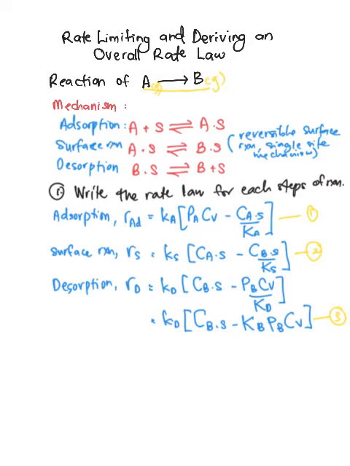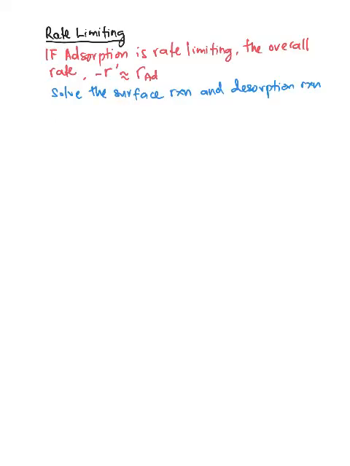Each rate limiting step will give a different overall rate law equation. I will show you one by one how we are going to write the overall rate law equation for different rate limiting steps, and why we need to write the rate law for each step. All these equations 1, 2, 3, we will use later after we determine which step limits the reaction. Okay, first we look at the case where adsorption is rate limiting.